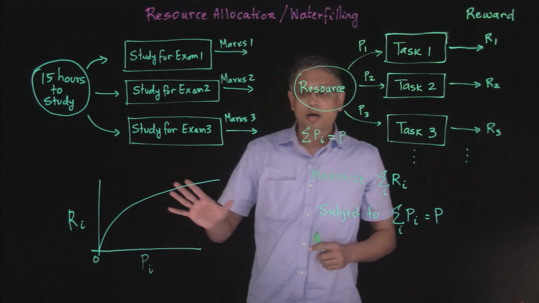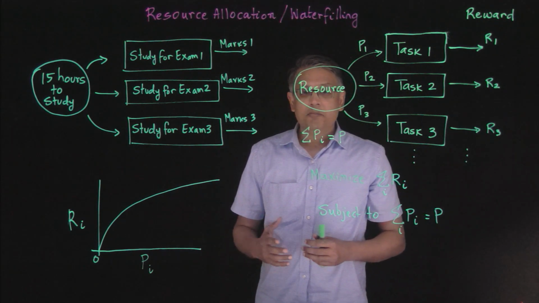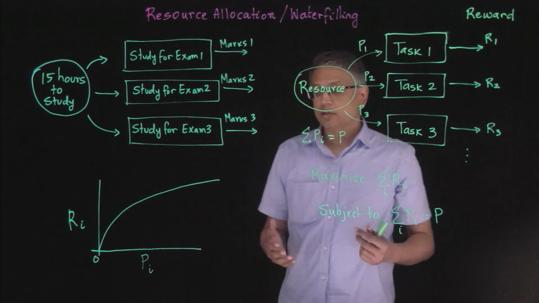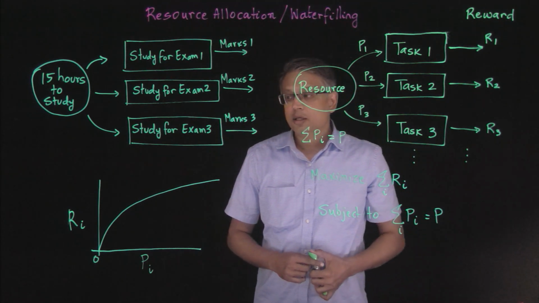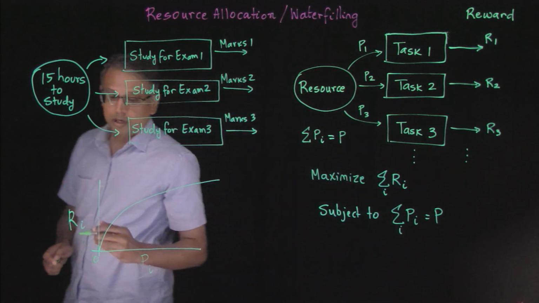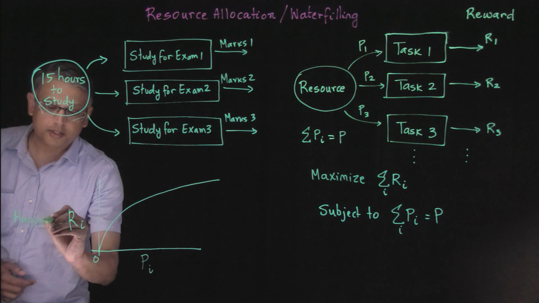And this is not only true when studying for exams. Many reward functions show this kind of behavior. Another classic example is happiness versus the amount of money that you spend on different activities.